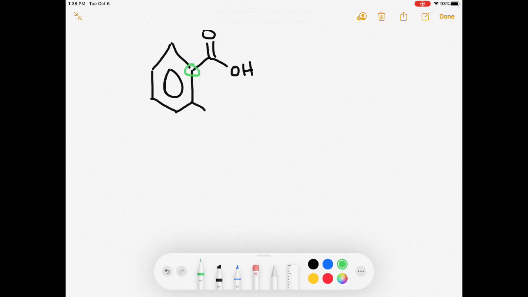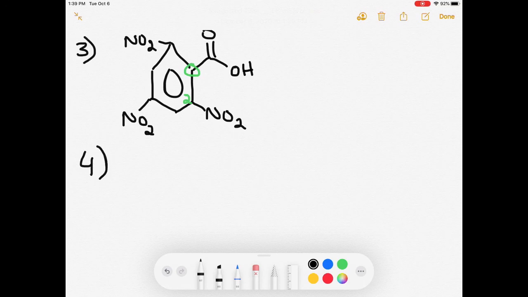So since this carbon here is number 1, this one is going to be 2. We're going to have a nitro group, which is NO2, and then 1 on 4, so 3 and then 4. And then 1 on 6. I ran out of room. Put it like that. Okay, so that was number 3.